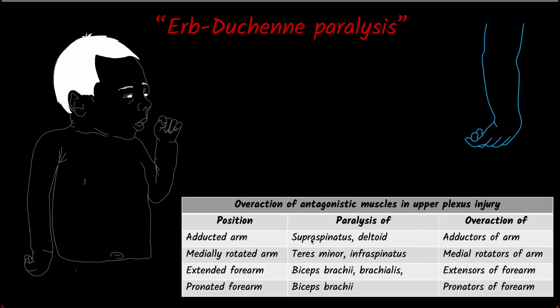There is paralysis of the abductors, the deltoid and the supraspinatus, so only the action of adductors is in play. That's why the arm is adducted by the body. There will be a medial rotation and it will not go into lateral rotation, because teres minor and infraspinatus are paralyzed. So only medial rotators are in action.